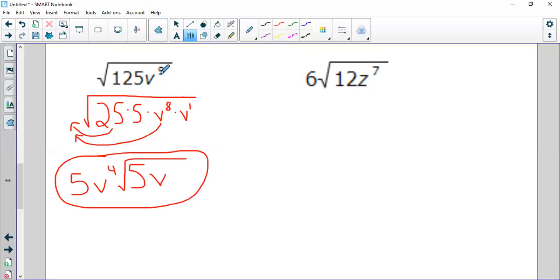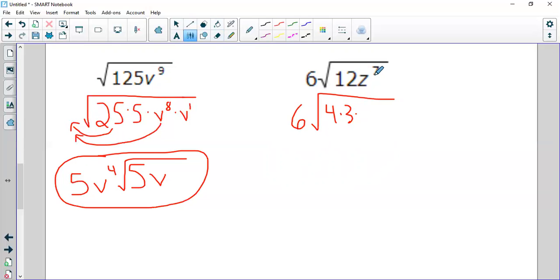Anytime you have an exponent on the inside of the radical on a variable that's odd, you'll always end up with a 1 first power left inside, and the rest of them come out because they'll become the perfect square. There's a coefficient already, so that's going to have to multiply. So it's 6 times the square root of, let's break that 12 down into 4 times 3.